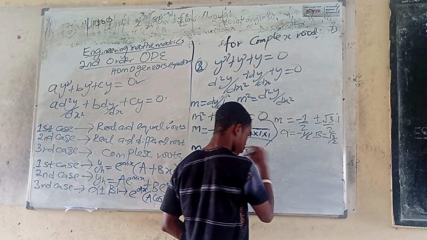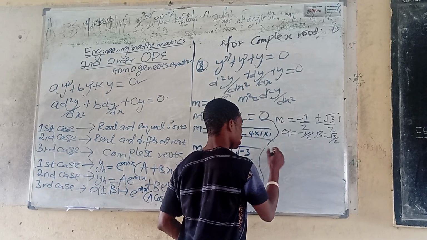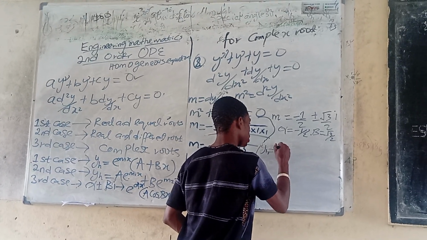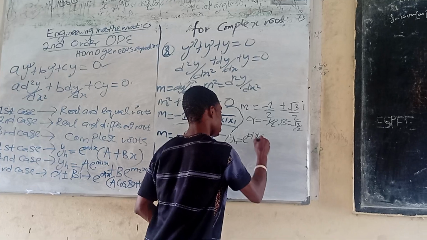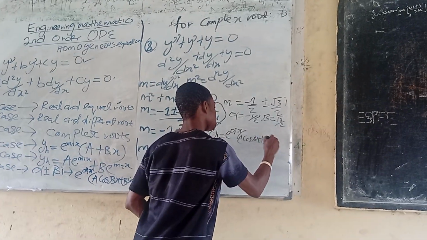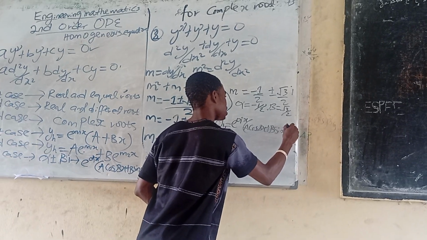So now, solving this, we get the y homogeneous equation equals exponential alpha x, a cos beta x plus b sine beta x.